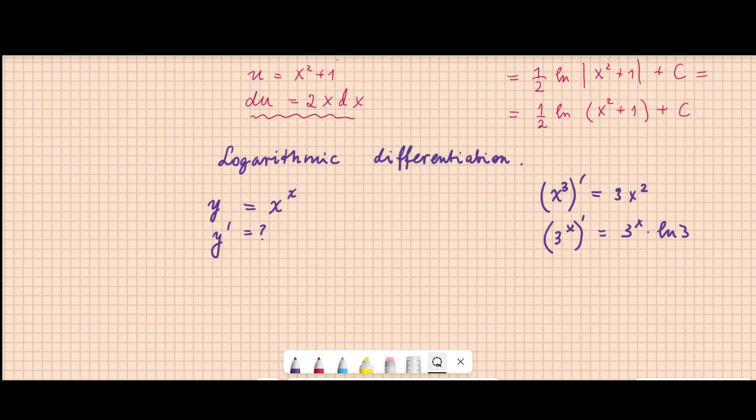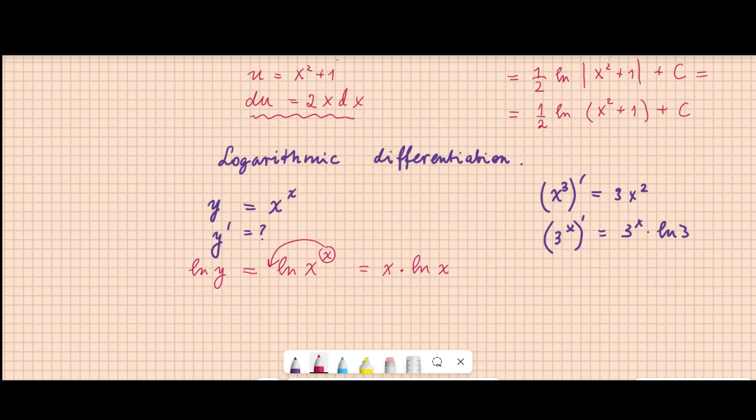So I'm going to use ln of y, and I'm going to take ln of x to the power of x. Well, guys, we remember that when we take the ln of an expression with a power, the power can jump in front of ln. So I'm just going to write it down like this: x multiplied by ln of x, right?